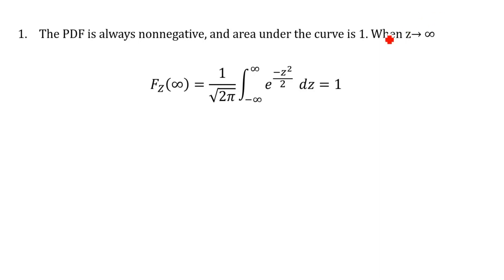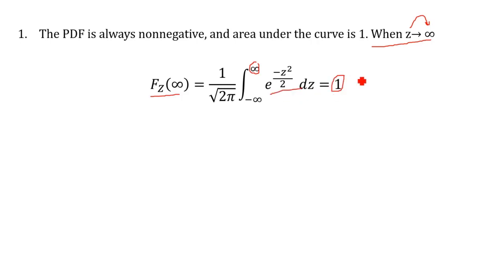When z tends to infinity, in the formula, actually it was varying from minus infinity to z. What happens when z tends to infinity? Let us see. It is the cumulative distribution function where z is replaced by infinity, and that gives the value 1.